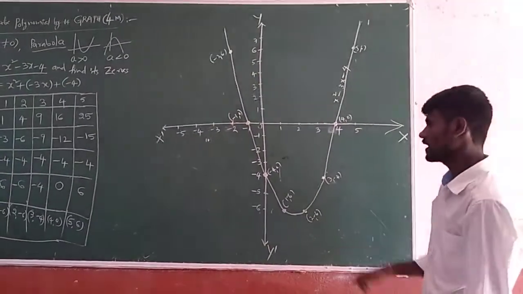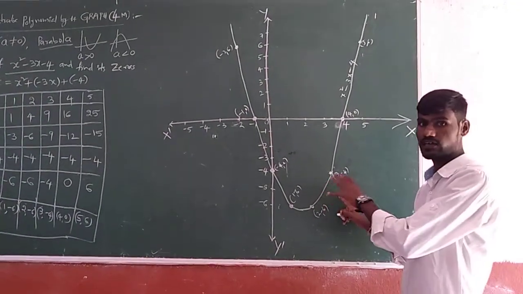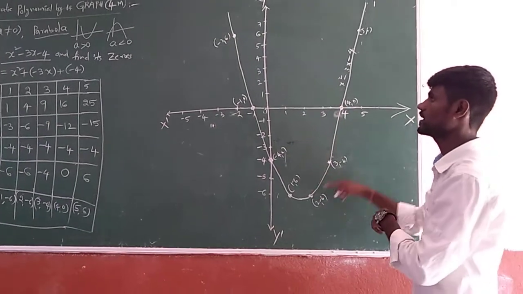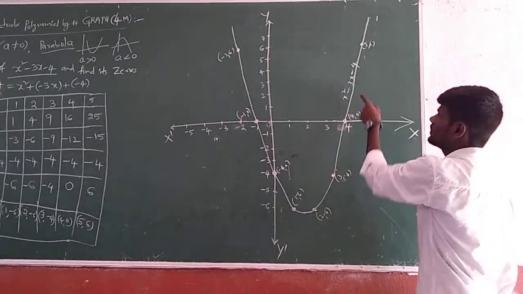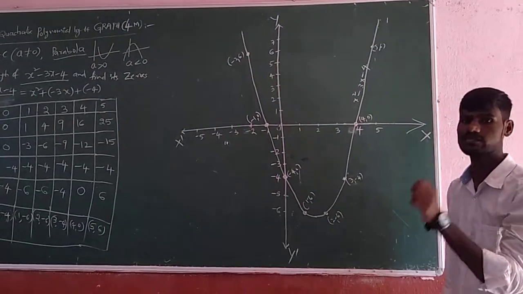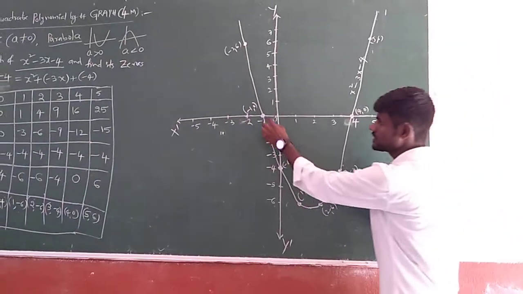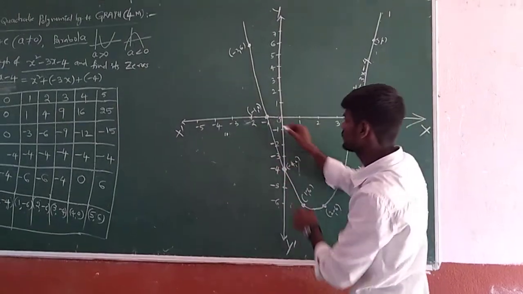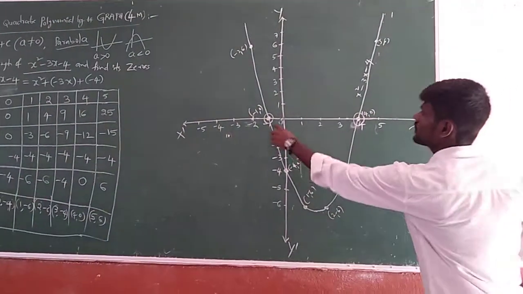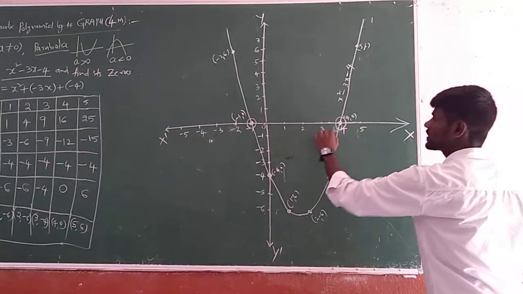Are you following? And after finding the zeros, you have to decide from the graph. If you observe after locating the points, the given curve, where it touches the x-axis, those 2 points are your zeros. Now see, where is it touching? (-1, 0), you may take a circle on it. And another one is what? (4, 0). So you should indicate them with these circles.